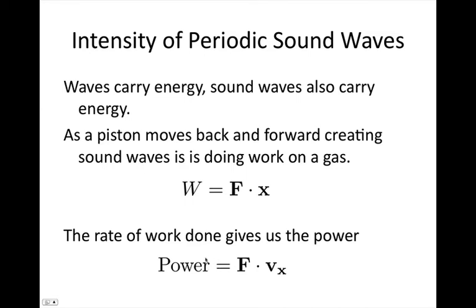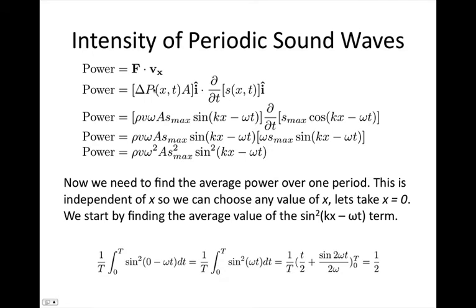So power is equal to F dot the x, which is changing with time. So we have Vx, that's the derivative of x with time. Okay, now you don't need to be able to reproduce this derivation, but just so that you've seen it. Power is equal to F dot Vx, that's what we just said. Now the resultant force applied was equal to the pressure differential times the area, and then we have to take the derivative of the equilibrium displacement to get the velocity of the increment that we're considering.